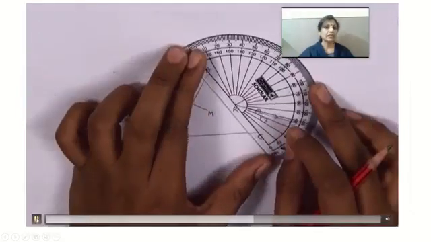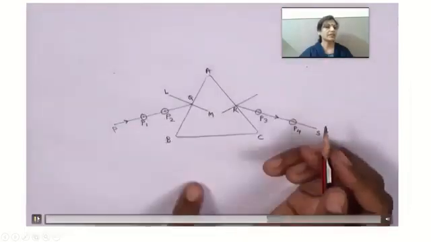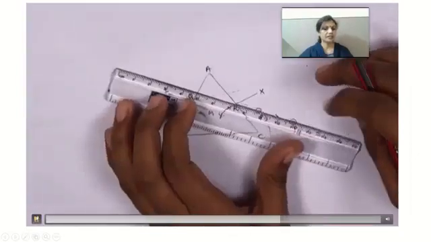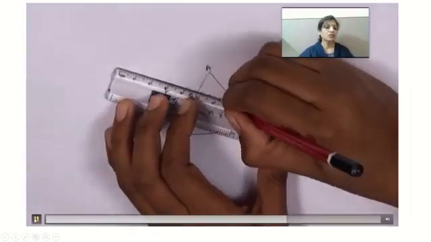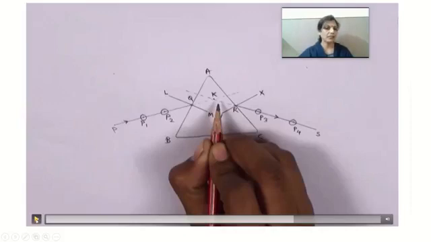Now we will extend the incident ray and we will also extend this emergent ray, which is RS. These two rays intersect at one point and we have given the name K to that point. So at K, because of the intersection of the incident ray and the emergent ray, an angle is formed and that angle is called the angle of deviation.